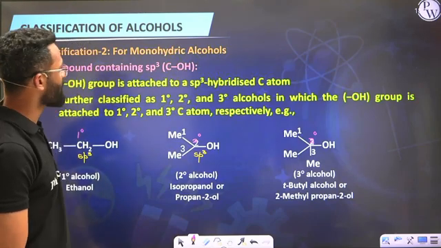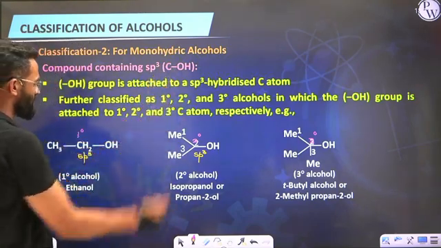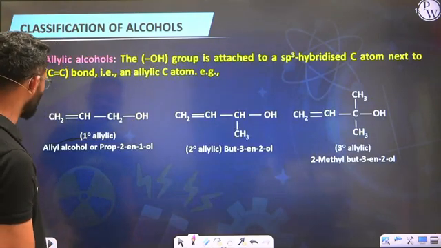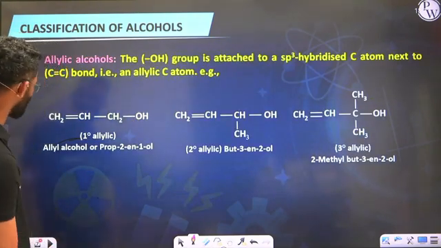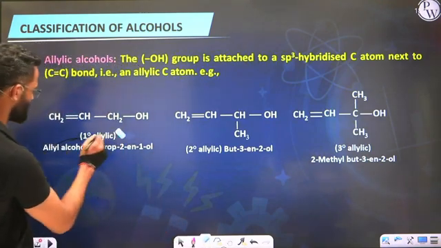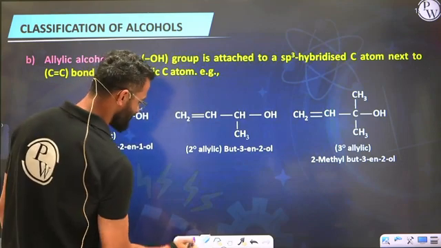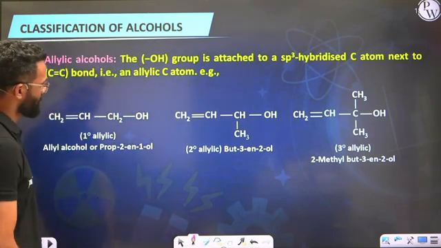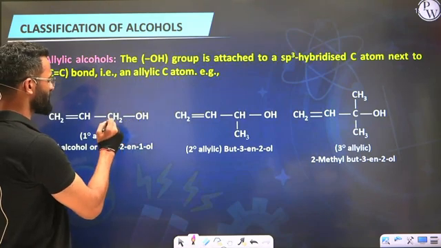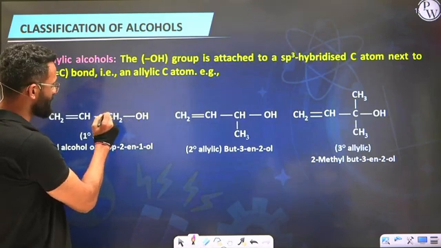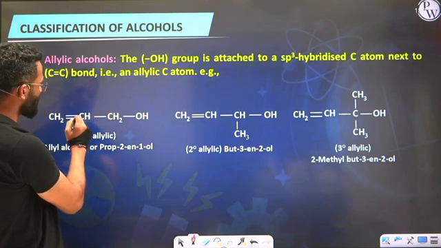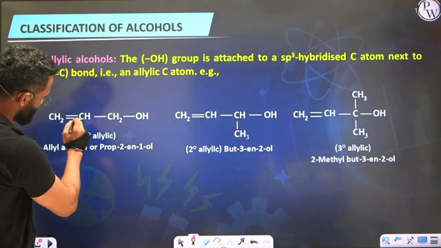Now you will find again OH connected to an sp3 hybridized carbon that is an allylic carbon. Now what is allylic carbon? Everybody see here, in this molecule. If you observe carefully, OH is connected to sp3 hybridized carbon only, but this is the sp3 hybridized carbon which is directly connected to a doubly bonded carbon or sp2 hybridized carbon.